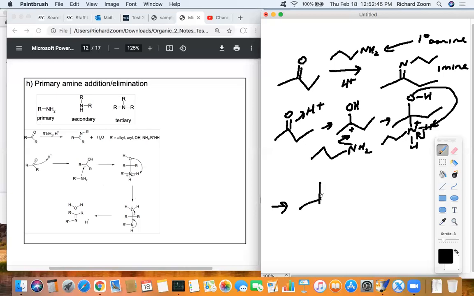We looked at these last time when we were doing the acetals, cyclic acetals and ketals. So you'll see the effect of that is now the O that had the OH on it is now going to have a positive charge with 3 bonds.